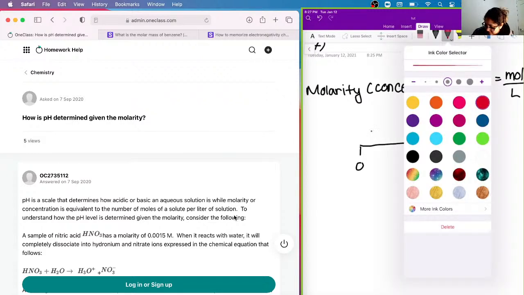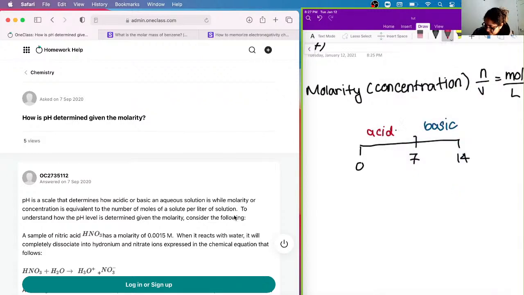This part is acidic. This is neutral. And in comparison, molarity or concentration is equivalent to the number of moles of a solute per liter of solution, which we just covered. To understand how the pH level is determined given the molarity, we have to consider the following.